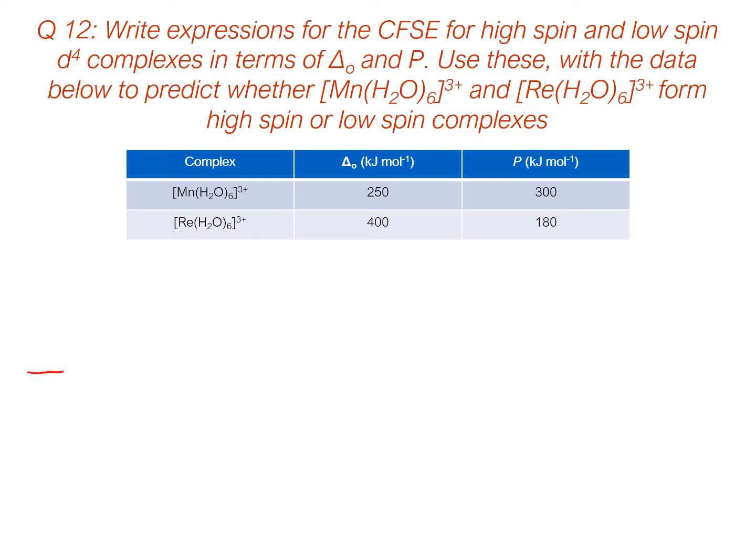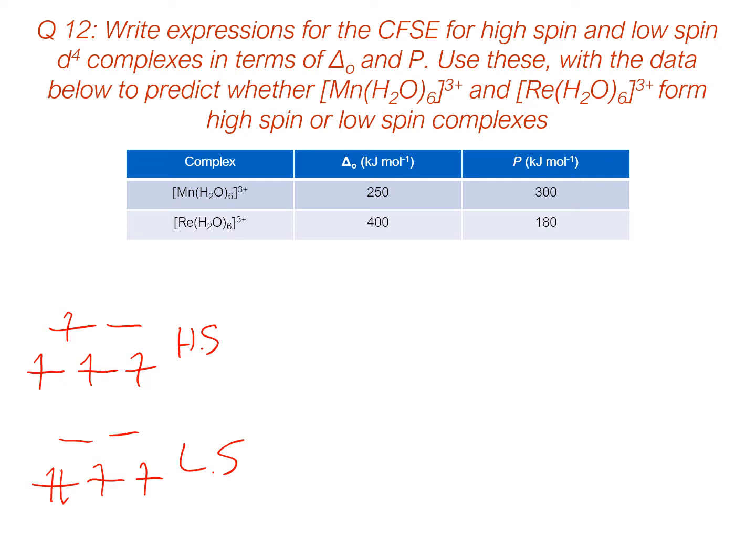So let's draw the electronic configurations for both. We'll start with high spin and then do low spin down here as well. So it's d4, so we put in the first 3 electrons, fine, and with high spin the fourth one goes into an eg orbital up top, and with the low spin the fourth electron pairs up in another t2g orbital.